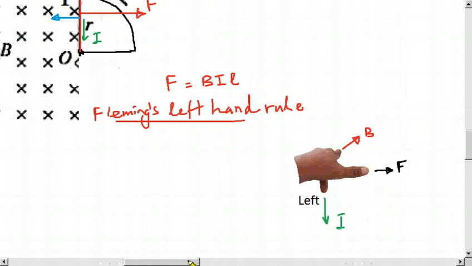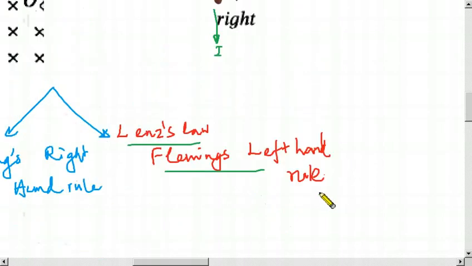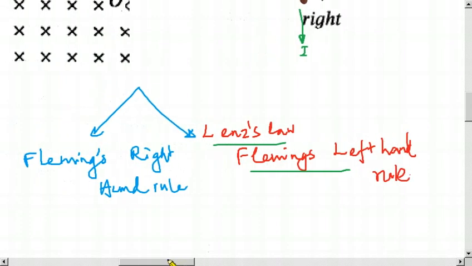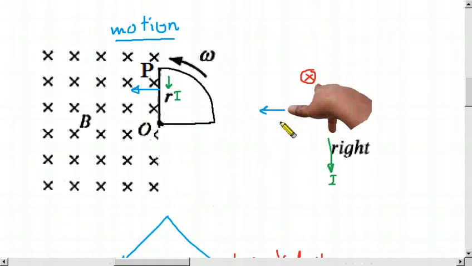In that rule there's nothing about motion, only there's a word called force. If you are using the right hand, there is a word motion. The thumb denotes the direction of motion. If you are using the right hand rule, you don't have to get help from Lenz's law.